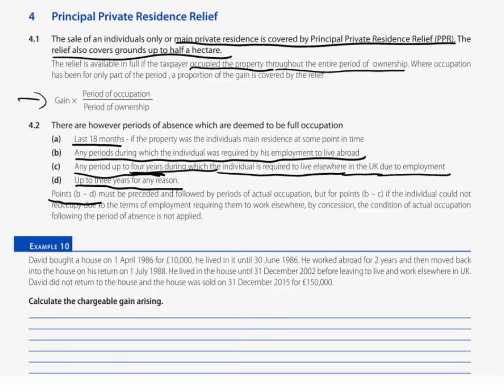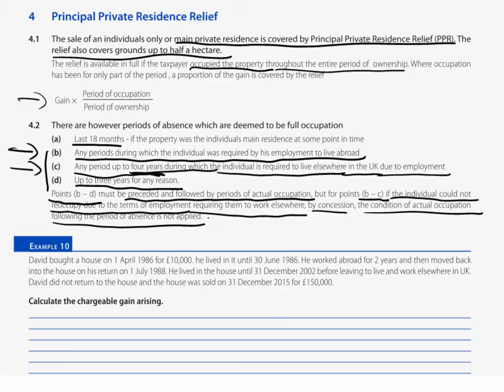So what I'll do, while I'm in this employment, is sell that property back in the UK. What this rule means is I am not required to leave Australia, go back to the UK, and live in the property prior to selling it in order to get that period spent working in Australia allowable as a period of deemed occupation.